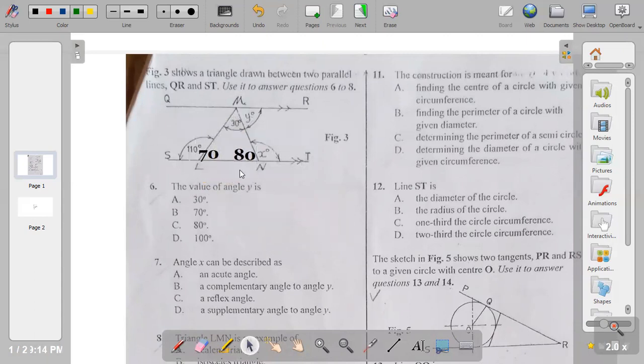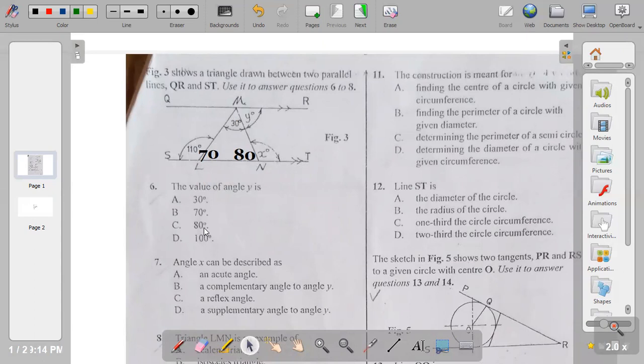If I have 80 degrees, this angle and angle Y are alternate angles. So if this is 80, definitely my angle Y is 80. So question 6 is C.